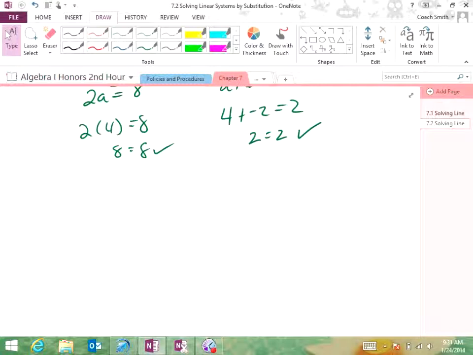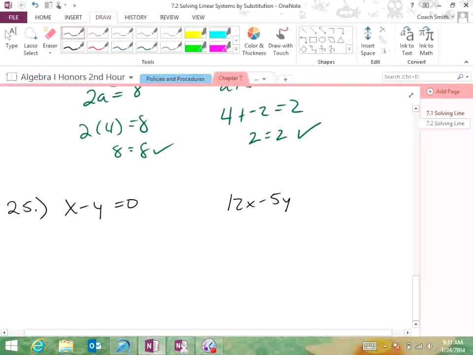Okay, so let's look at number 25. Okay, 12x minus 5y equal negative 21, and x minus y equals 0.